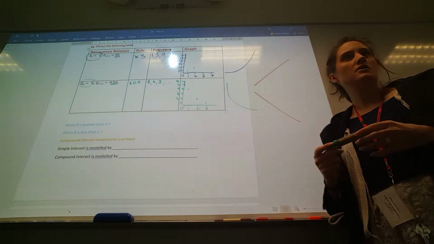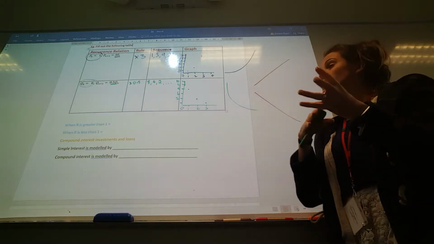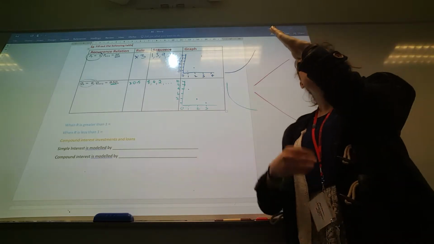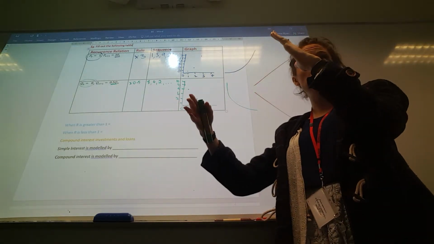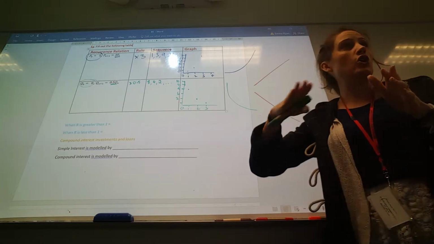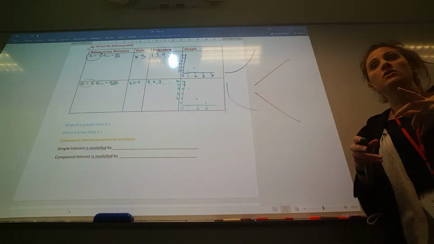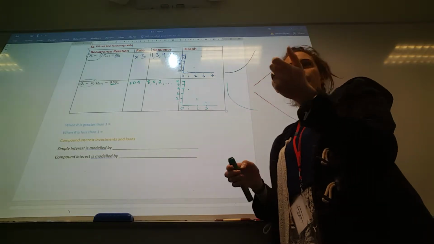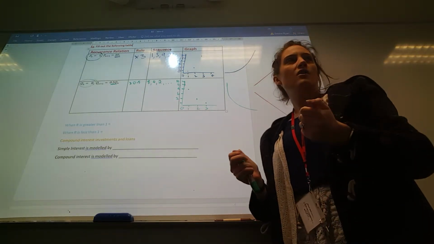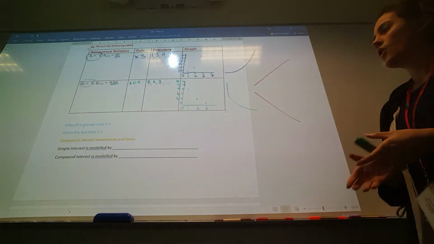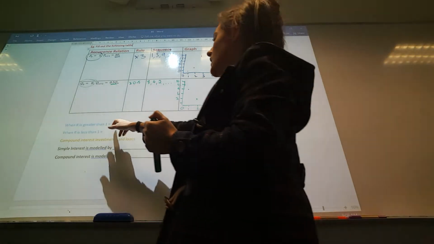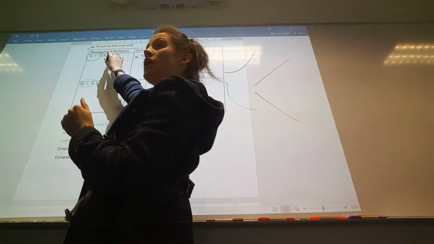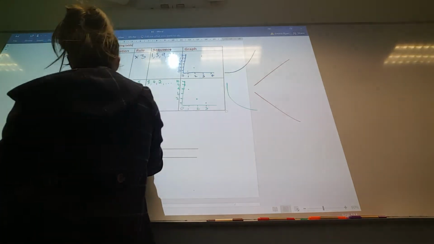Any questions? So that's the difference between our geometric and our linear. Our linear is straight, it's going up or down by a certain number. Our geometric is curved and it's going up or down by a certain percent of each term. So we can see that when r is greater than 1, so when the ratio we're multiplying by is bigger than 1, it increases.